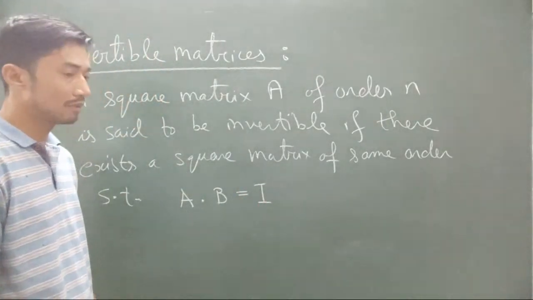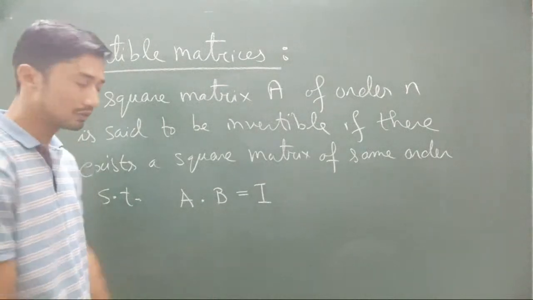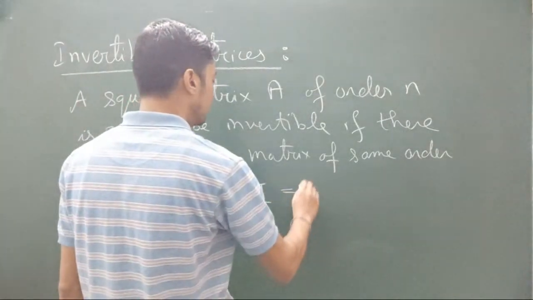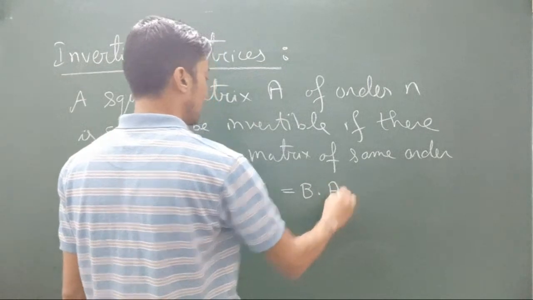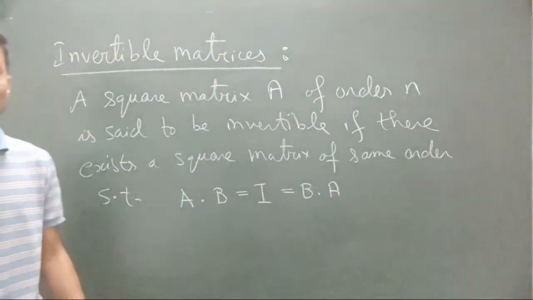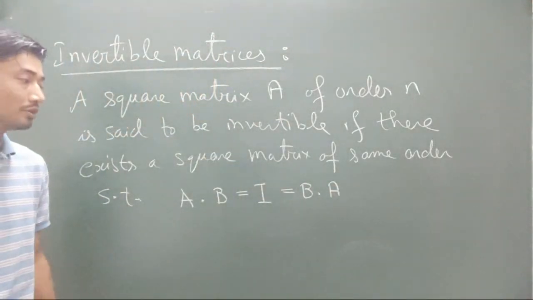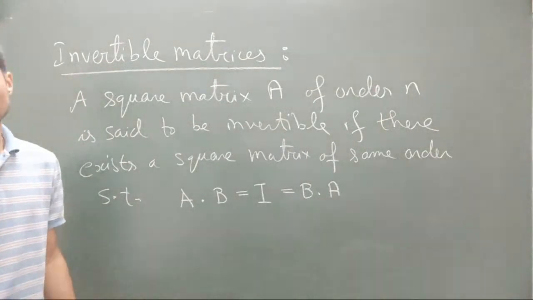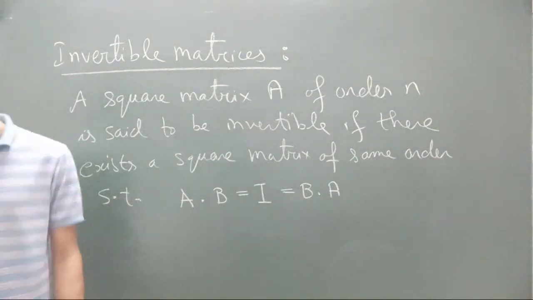Square matrices of the same order will be conformable, so don't worry about that. Or even B into A. Definitely they will be conformable because they are square matrices, so A into B or B into A will be conformable.